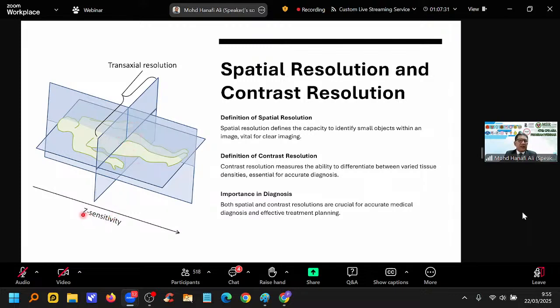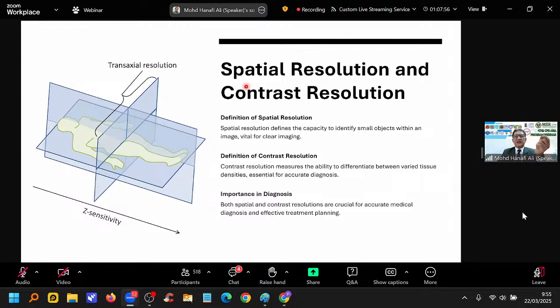And Z sensitivity means the long axis of the patient, from head to toe. Those are the two types of spatial resolution. Spatial resolution is something that we want to see or define the sharpness of.